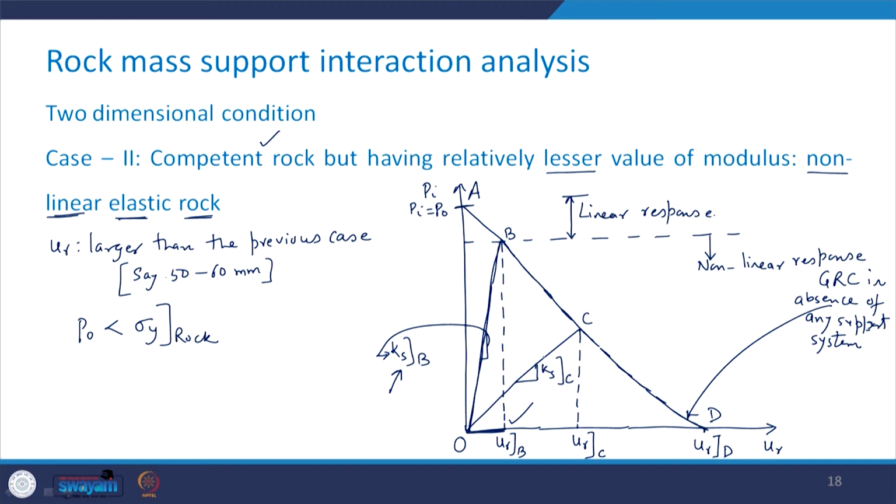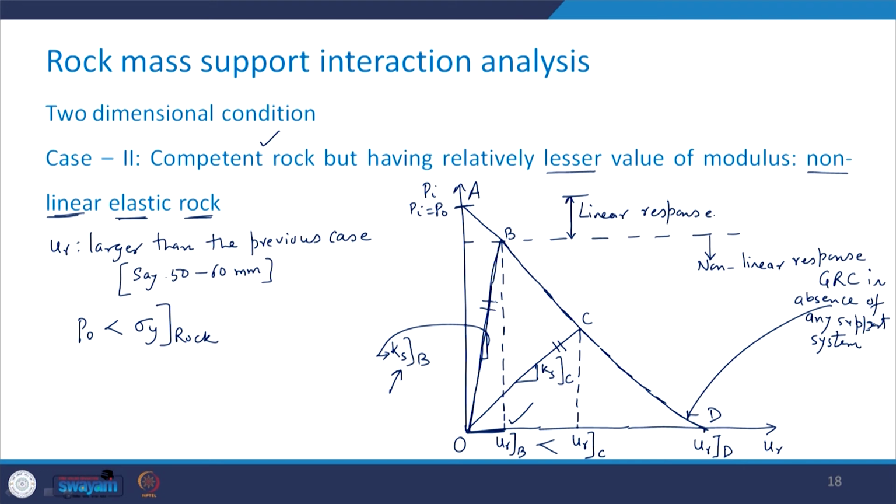As you keep increasing the permissible value of the deformation, like here in this case, you see that Ur at C is more than Ur at B, and you can see that the slope of this line is much less as compared to the slope of this line.